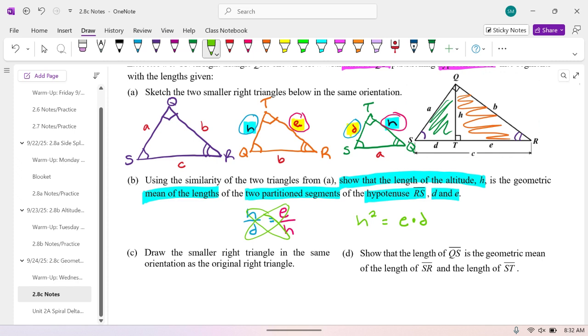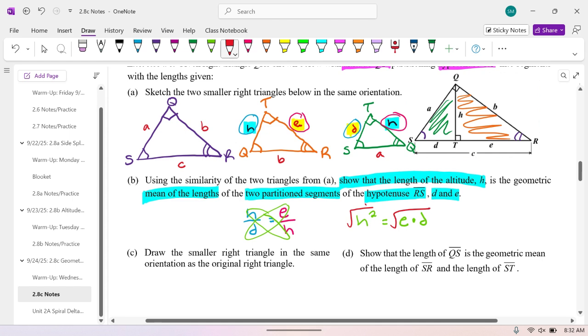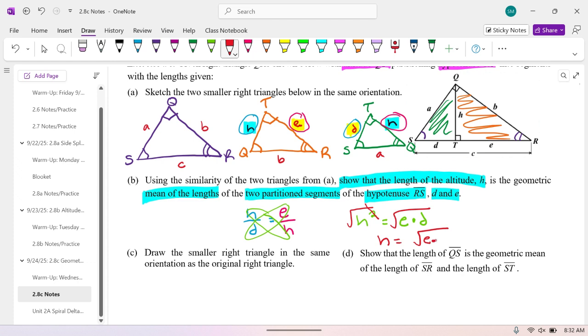Well, technically we're solving for H. So if we solve for H, how do I get the H by itself? Take the square root of both sides. So the squares cancel out and H is equal to the square root of E times D. Now my question to you is that not a geometric mean? Isn't that the formula for geometric mean? Yeah. So this is the exact formula for a geometric mean.